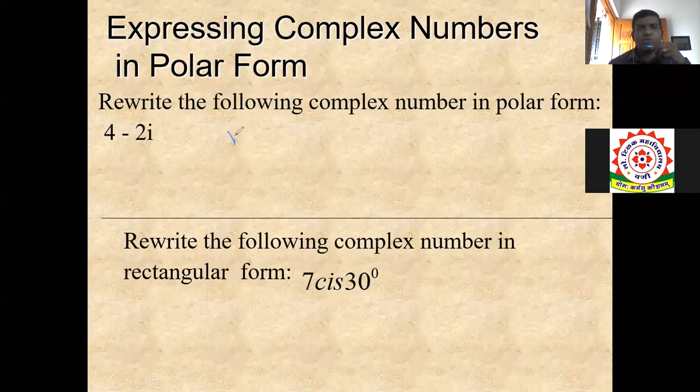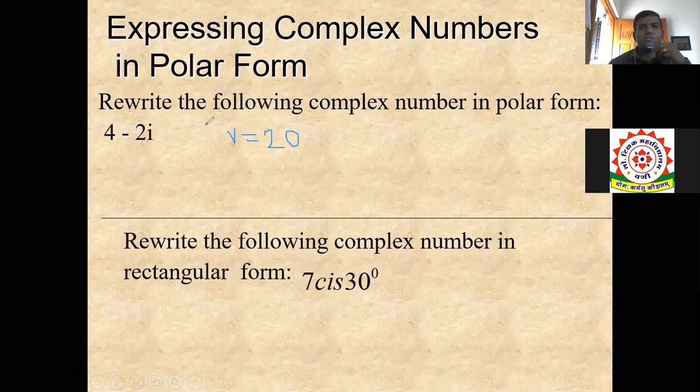So r is equal to root of 4 square plus 2 square, 16 plus 4, that is 20. So r square is equal to 20, so that r is equal to under root of 20.